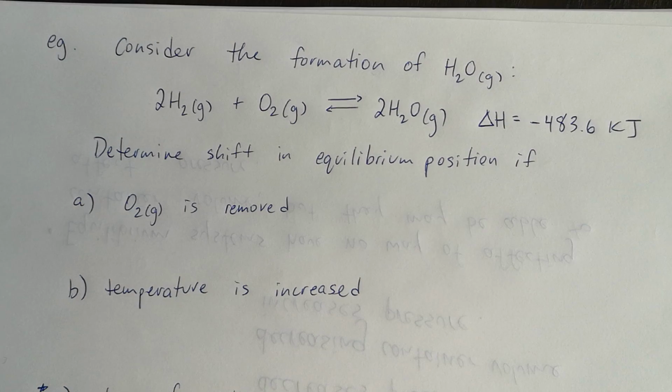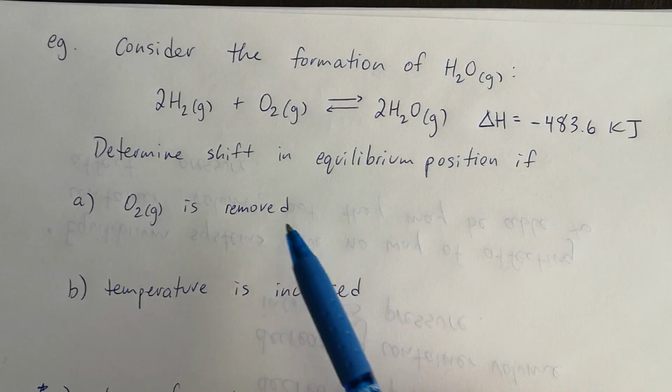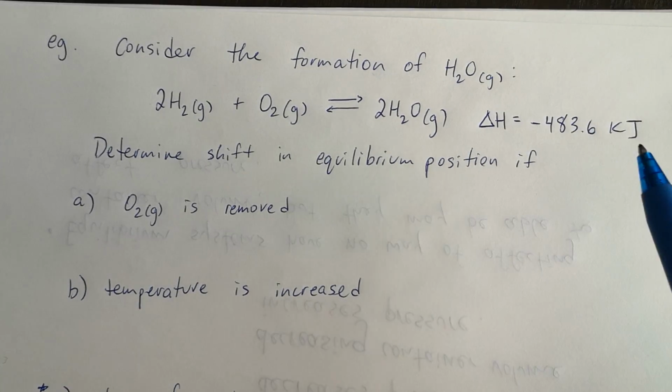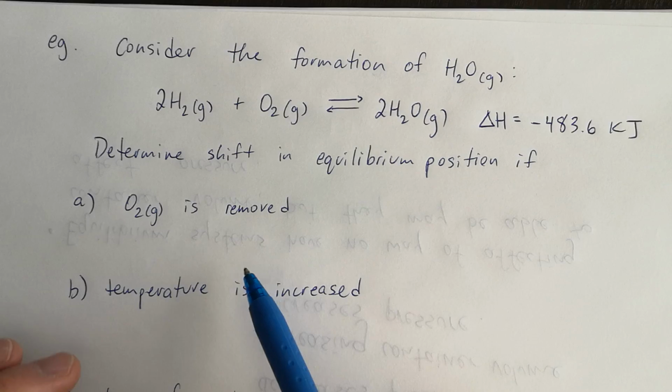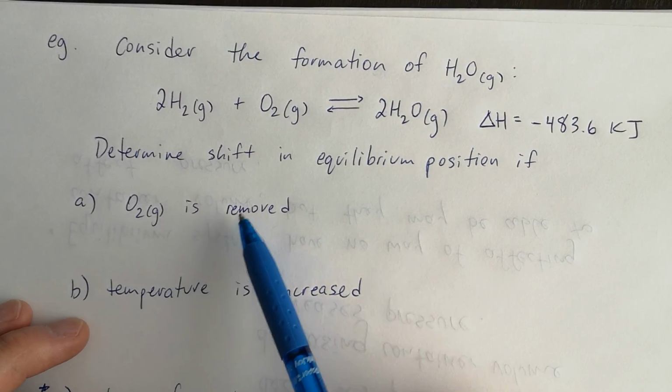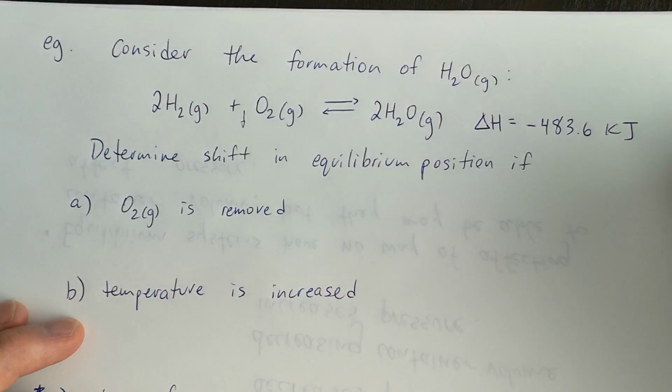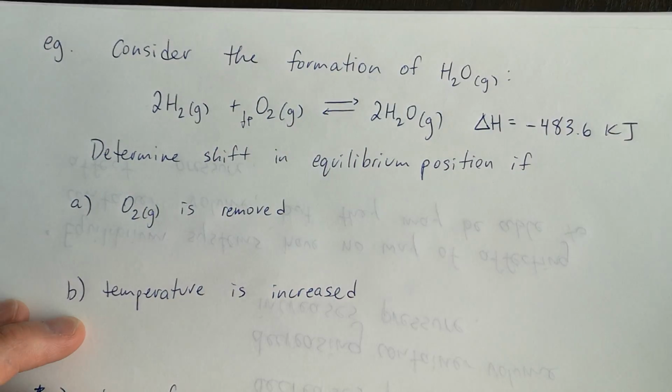So I'm ready to go with this equilibrium system. We've seen it a lot. Formation of water vapor. Let's just rapid fire through A and B because we've already seen it before. The shift in equilibrium position, so that's left or right towards reactants or towards products. The shift when O2 is removed. If we take some of this out, the system responds to bring some of it back.